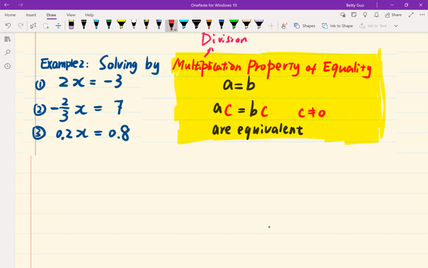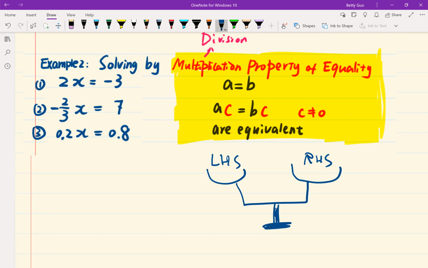Let me use the scale as the example again. This is the scale, left hand side, right hand side. Oh, that's not very balanced. It doesn't look pretty though. So this is the scale.